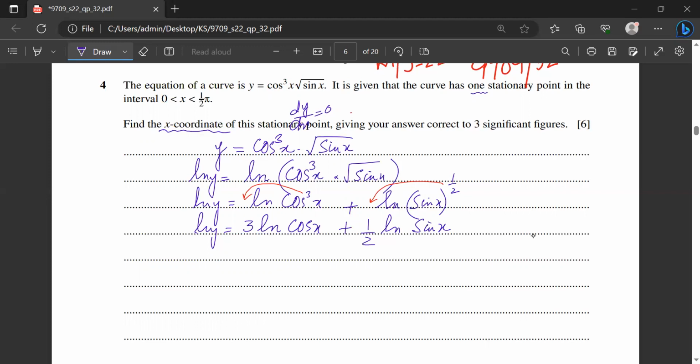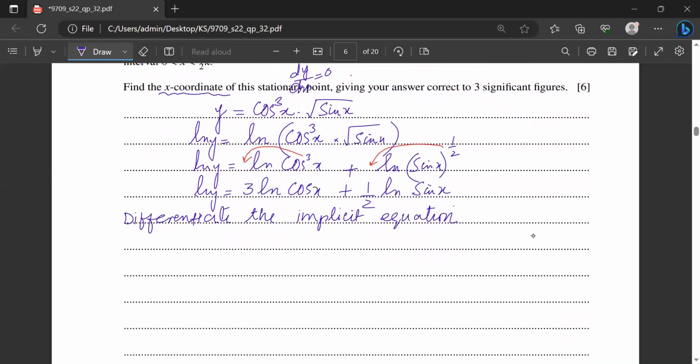So write down a statement: differentiate the implicit equation. The left hand side is ln y.